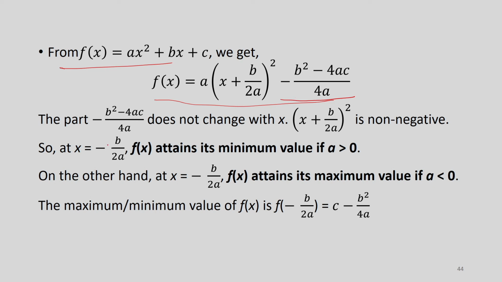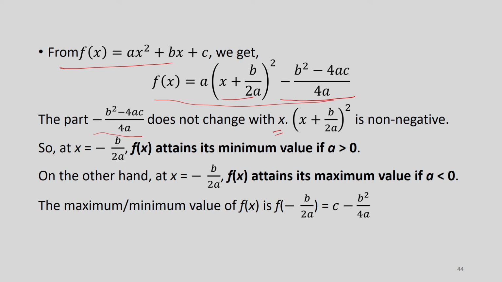Now, this second part, minus of b square minus 4 a c divided by 4 a, is not containing this term x. So, it is independent of x. As x changes, this part does not change, it is constant. On the other hand, if you look at this whole square term, since it is a square term, it is going to be a non-negative element.